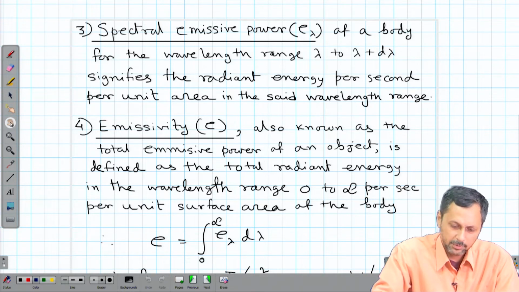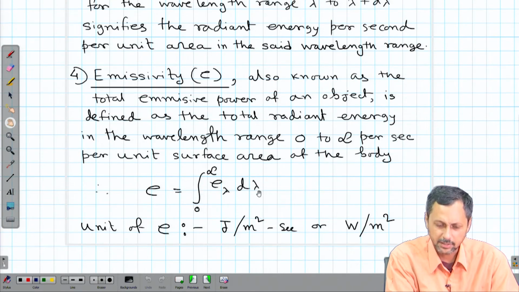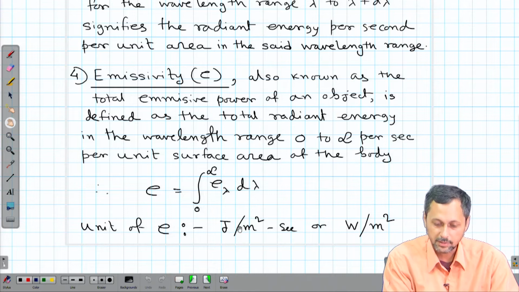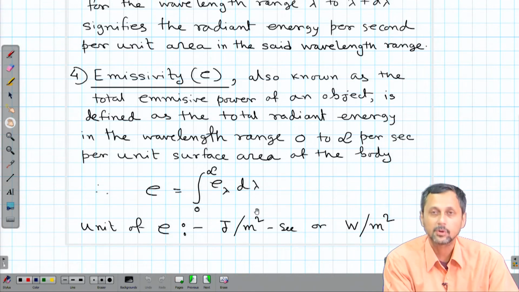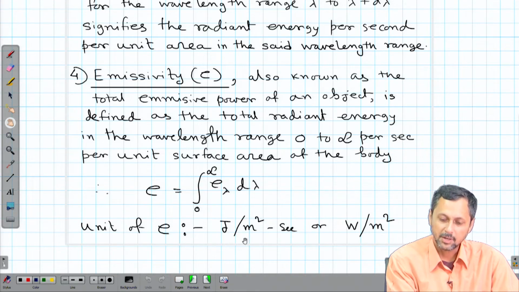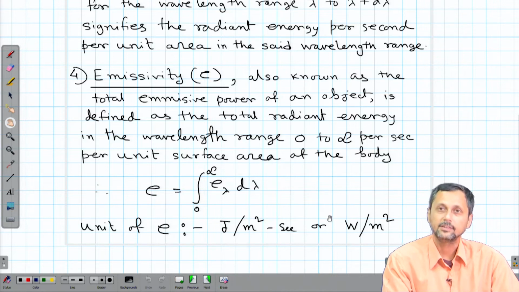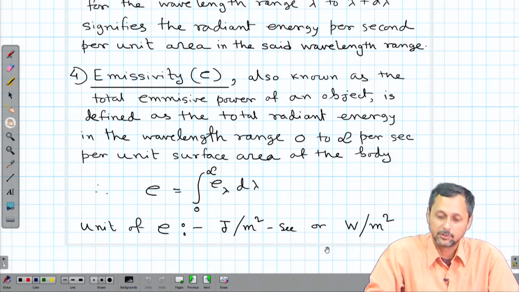So, this will be E is equal to the integration from 0 to infinity of E lambda d lambda, where the unit of E is joules per meter square per second. So, meter square because it is per unit surface area, joules for energy, and second means it is per unit time. So, we can write joules per second as watt. So, we can simply write this as watts per meter square.